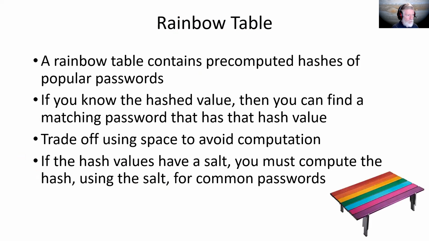Rainbow table. I didn't cover this before, but some people weren't clear. Well, I thought I covered it, but I want to go over it. A rainbow table is a list of pre-computed hashes. In other words, say somebody has a file of user IDs and passwords, and the passwords have all been hashed. And now you're wondering, can I figure out how to log in?